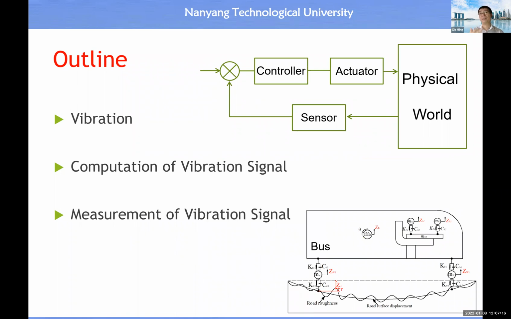Today is about the measurement of vibration, right? And vibration is not like a physical quantity such as a voltage or current, and vibration is also not like a device such as a resistor or capacitor. Vibration basically refers to the dynamic response from solid, gas, or liquid.